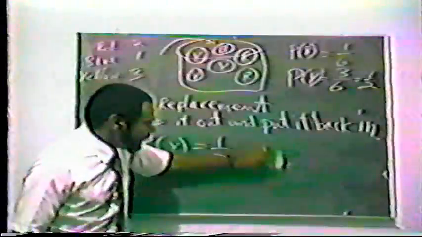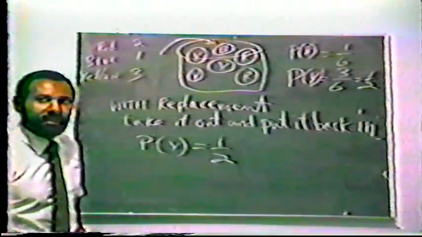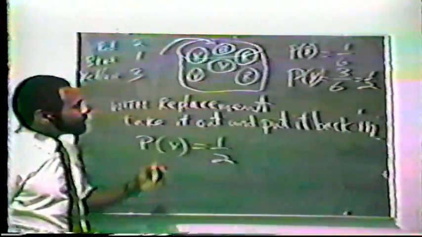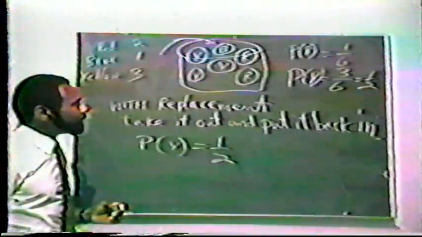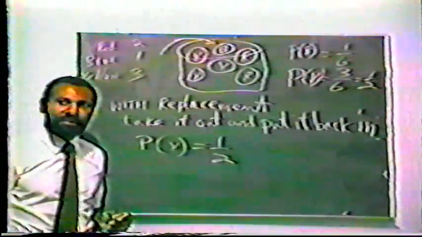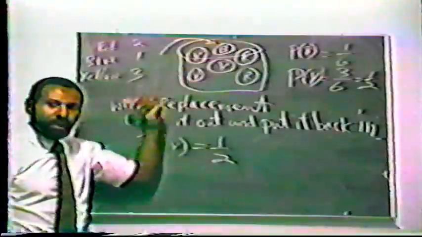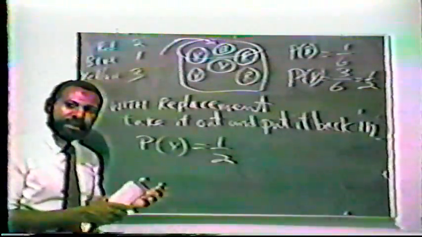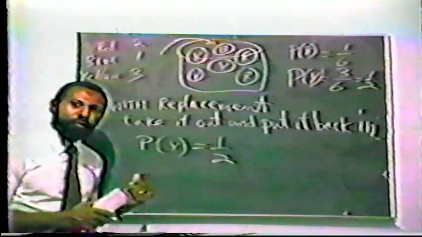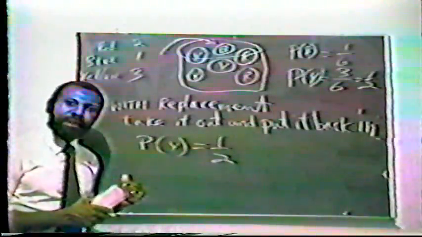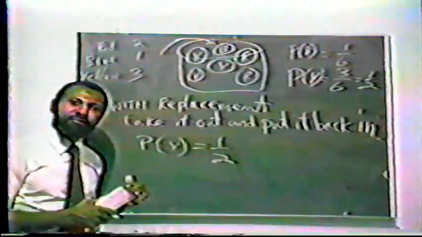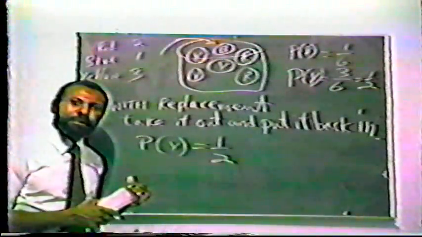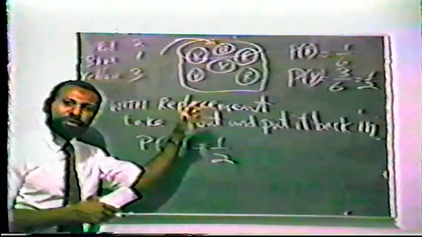Now, in this case, we say that getting a yellow ball and getting a blue ball are independent events. The fact that the first ball was blue, the occurrence of getting a blue ball, did not affect the probability of the occurrence of getting a yellow ball, because we put the blue ball back in there.